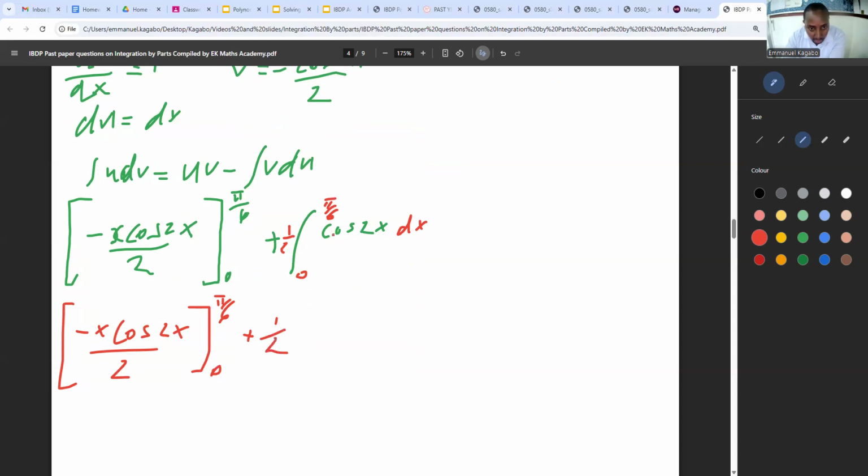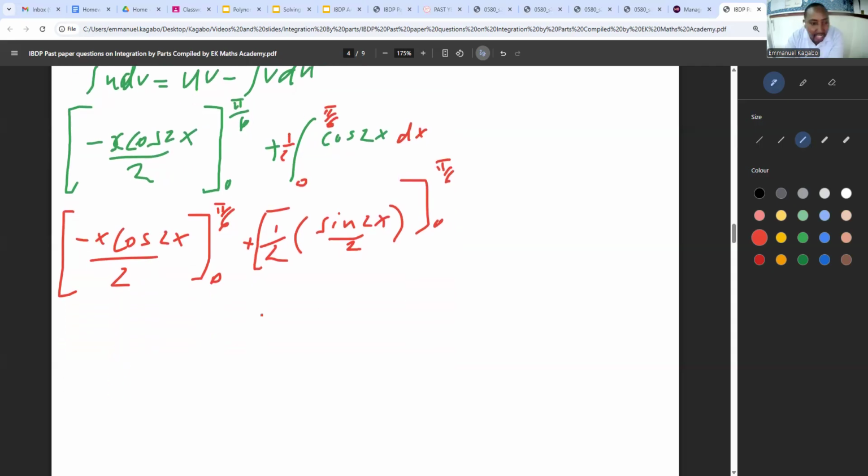What is the integration of cos, guys? It's going to be sine, right? So it's going to be sine 2x over 2, then close the bracket, right? And then I have my limits, pi over 6 and 0. Are we together here? I hope you understand what I'm doing here now.